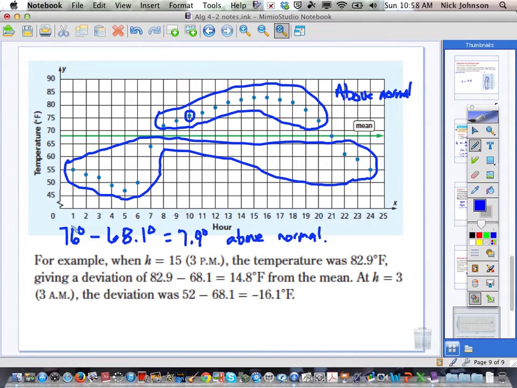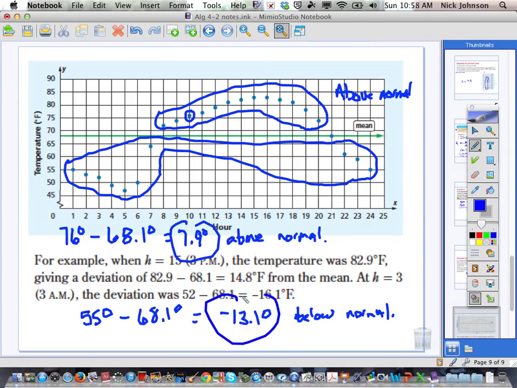At the first hour, it is 55 degrees minus 68.1. We still have the mean. If you have a bigger number minus the mean, that means you're above normal. If you have a smaller number minus the mean, you are below normal. So 55 minus 68.1 is negative 13.1 degrees below normal. And we can tell that it's above or below normal based off of positive or negative.